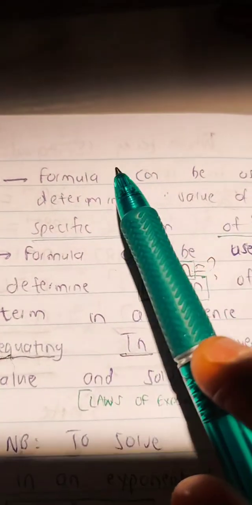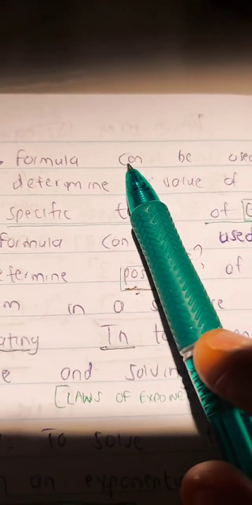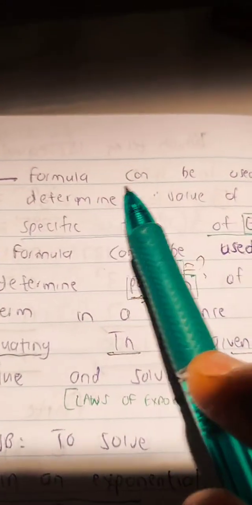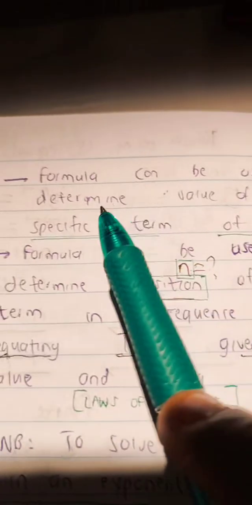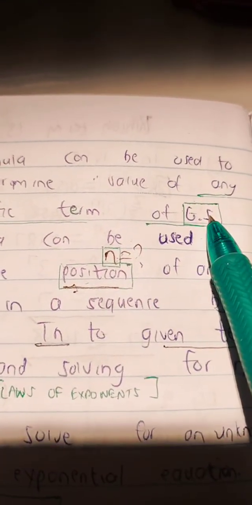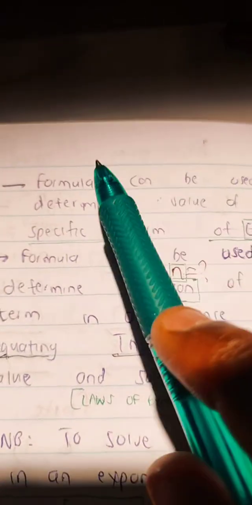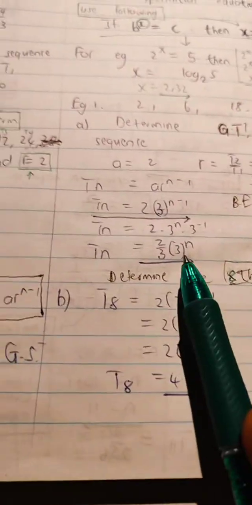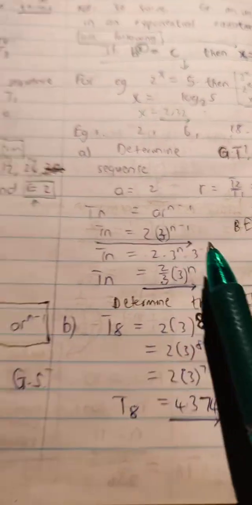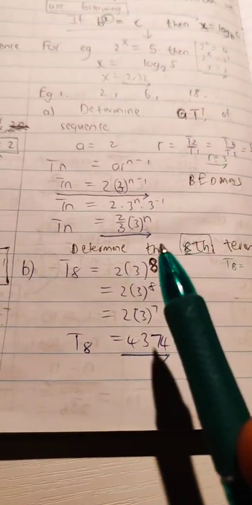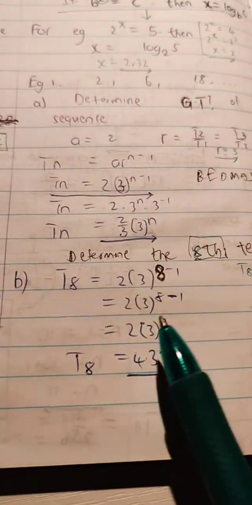All right, that's why this note says the general term or the general formula can be used to determine the value of any specific term of the geometric sequence. So the general term or the general formula is useful. Finding the general term helps us to be able to find any specific term of the sequence.